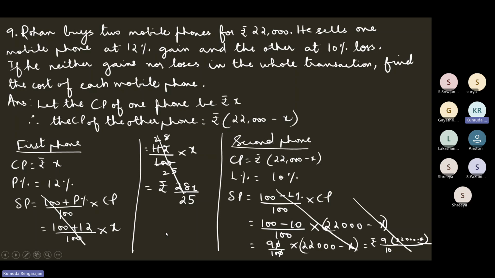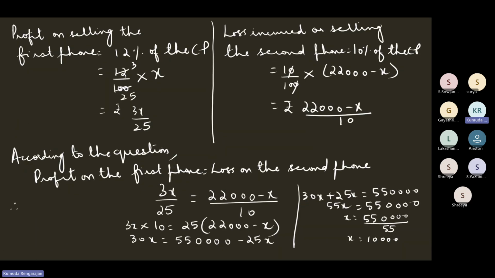So CP is X, profit 12%. Then CP is 22,000 minus X, loss is 10%. Find the profit on selling the first phone, which is 12% of the CP. Find the loss on selling the second phone, which is 10% of the CP, always on the CP. So you found the profit and the loss alone, not the SP.